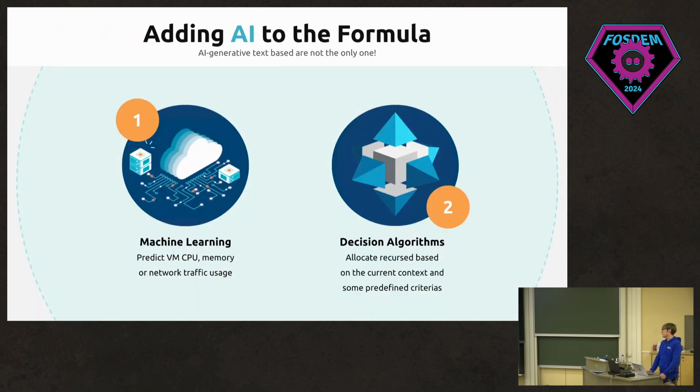So the next thing is the AI that we add to the formula. So we create a bunch of machine learning algorithms and some decision algorithms and implement it as an exporter to Prometheus.